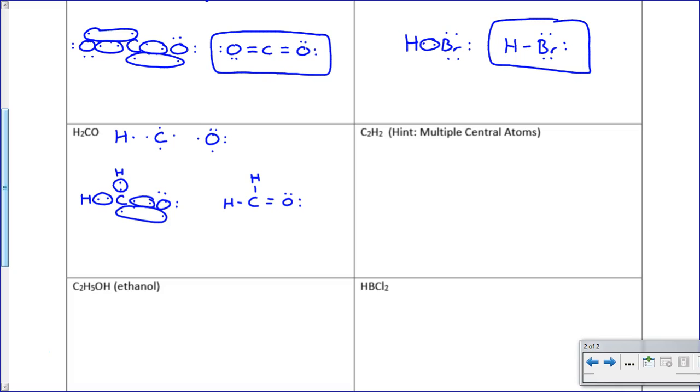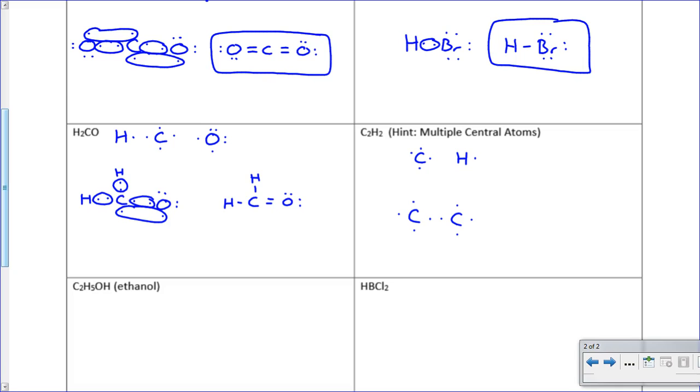All right, this next one, C2H2. This one, there's not one atom that's in the center. I told you there are sometimes multiple central atoms. So what we have here is carbon, which has 4, and hydrogen, which has 1. We're going to put the carbon in the center, and it's actually going to be close to another carbon.